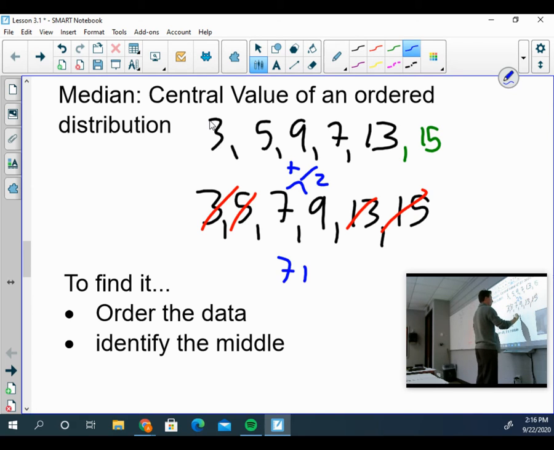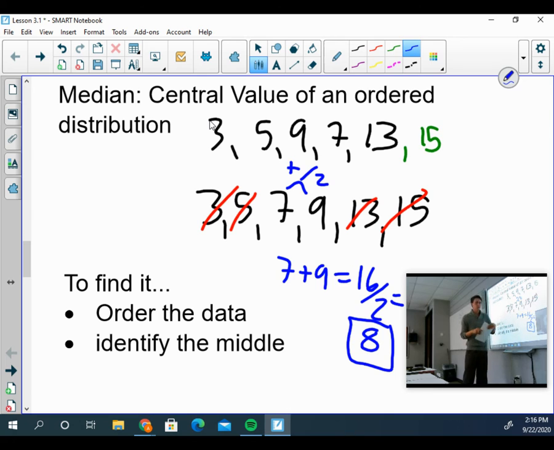So I do 7 plus 9 is 16. Divided by 2 is 8. So my median in this case would be 8, right? That was the extremely difficult problem. You're very familiar with this. So we find it by ordering the data and identifying the middle.